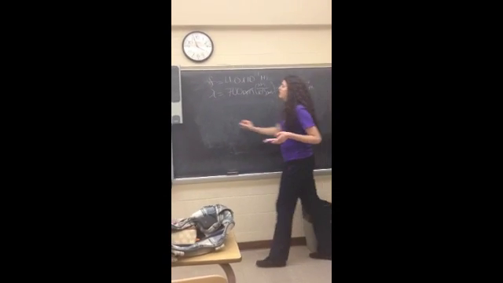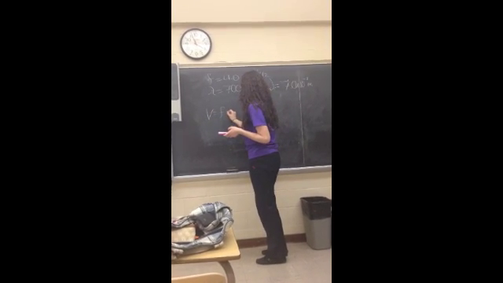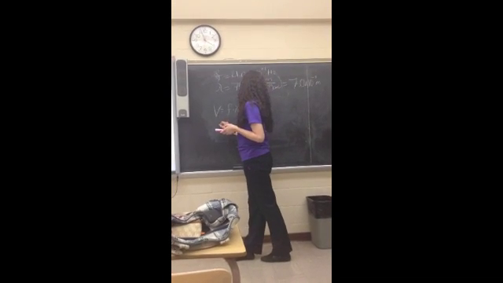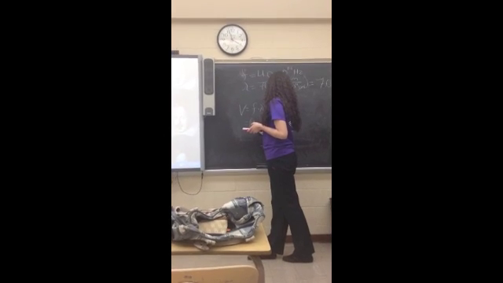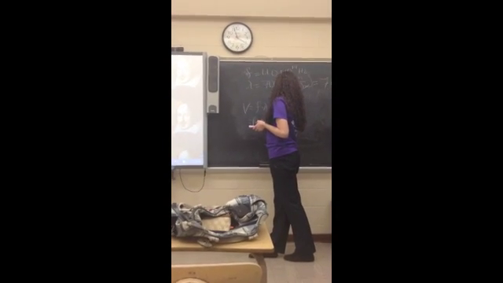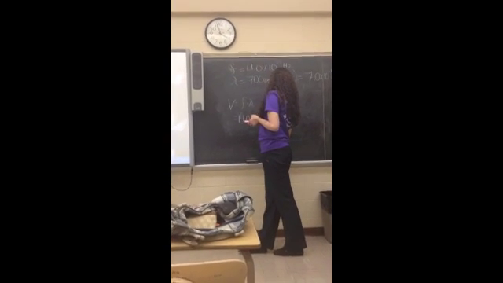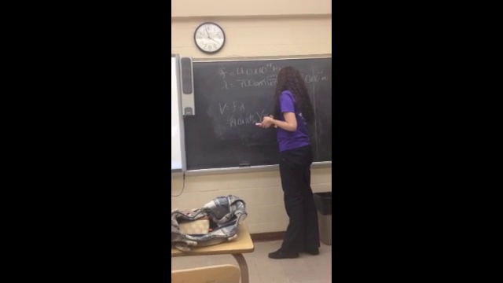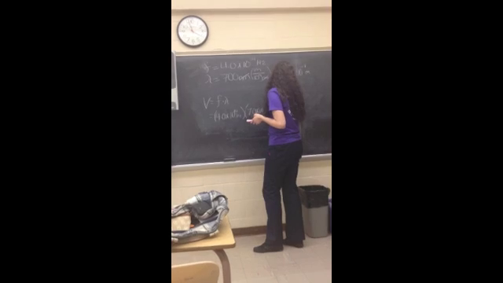So in order to find velocity, we're going to use the equation which Natalie showed us before, which is velocity is equal to frequency times the wavelength. So this is going to be equal to 4.0 times 10 to the 14th hertz times 7.0 times 10 to the negative 7 meters.